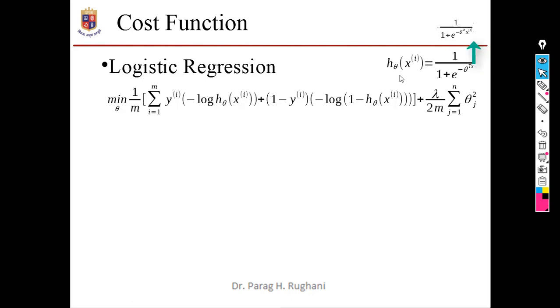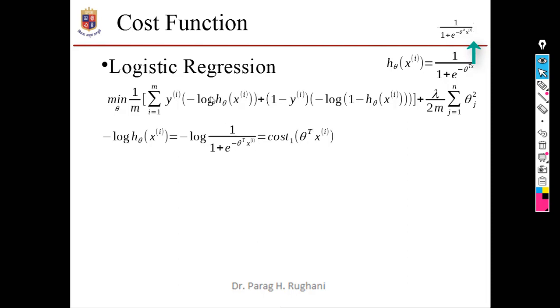h theta x of i refers to 1 upon 1 plus e raised to minus theta transpose x. We are using this to replace the h theta x of i in the formula.